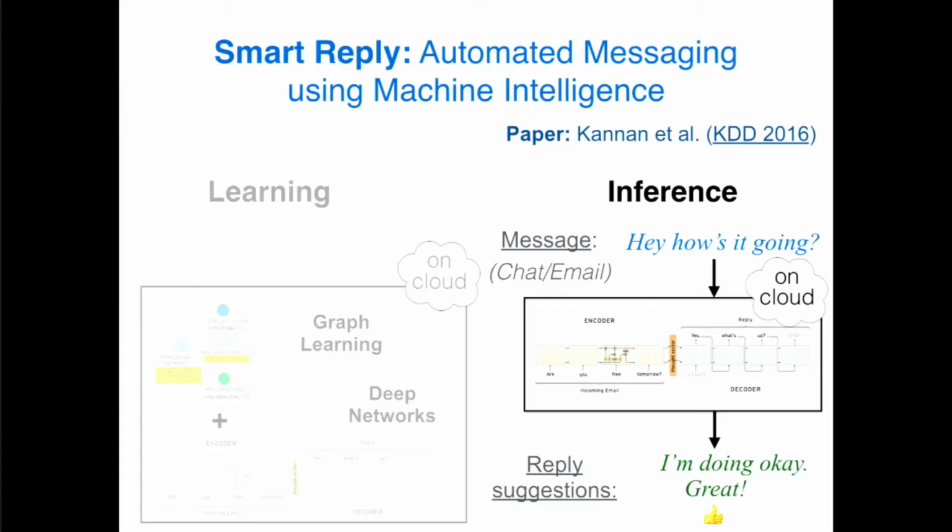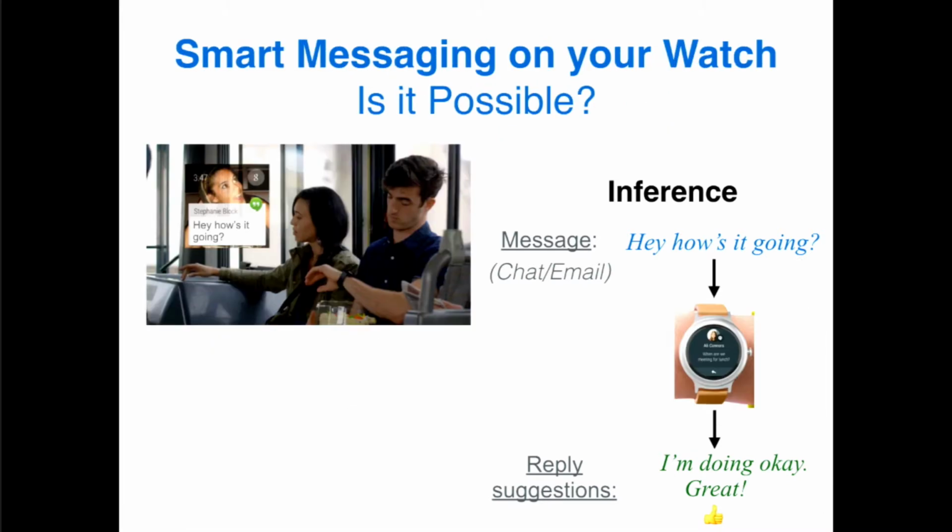Okay, so this is how Smart Reply works. Now everybody knows you can get predictions by querying this trained model. But one of the questions we were asked was, can you actually do this from your watch directly? On the inference side, if you give a message, do you actually have to send it to the cloud? Can I build a Smart Reply model directly on my smartwatch? Of course, the usability and the advantages are pretty obvious.